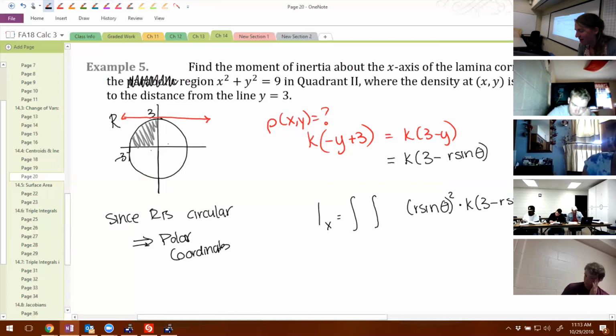Then times r, since we're doing the conversion to polar coordinates, and we'll stick with dr d theta. Limits of integration, we said for r from 0 to 3, and for theta from pi over 2 to pi, since we're in quadrant 2.